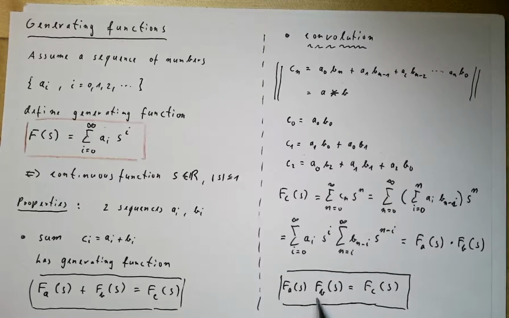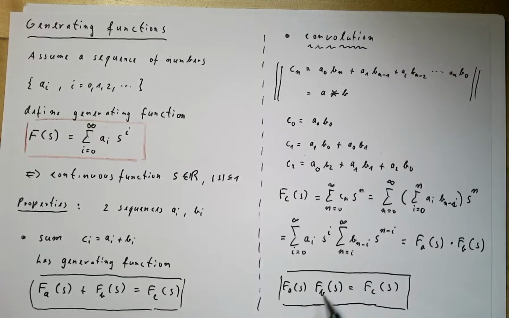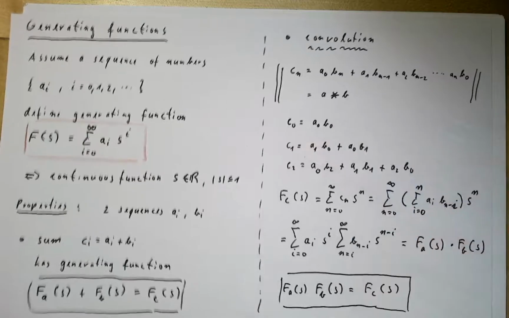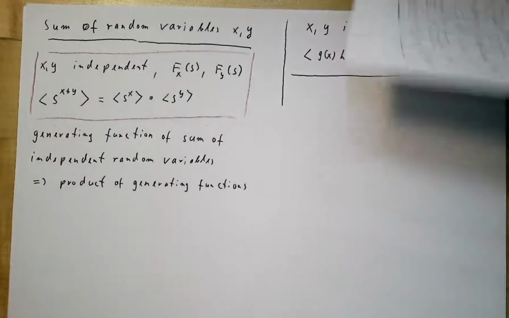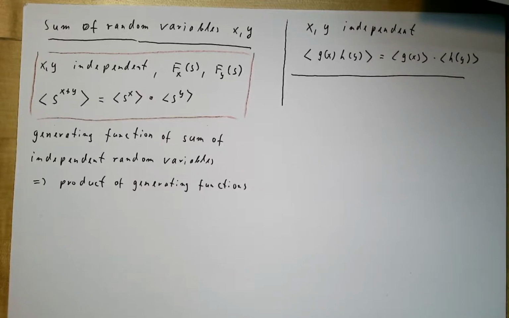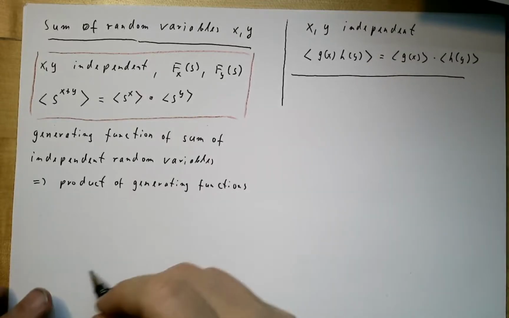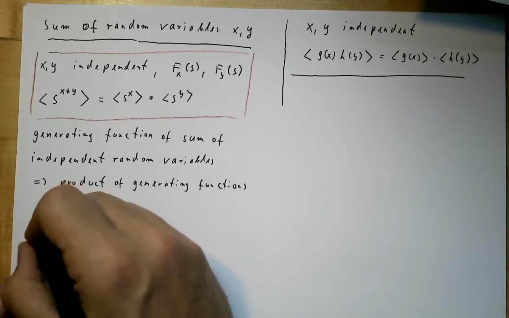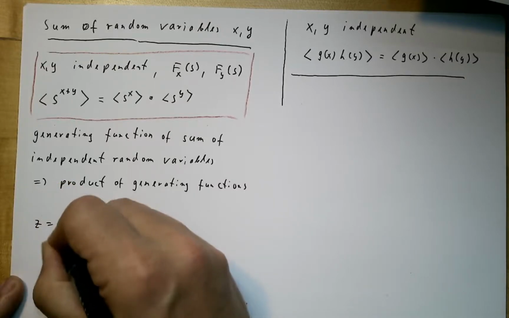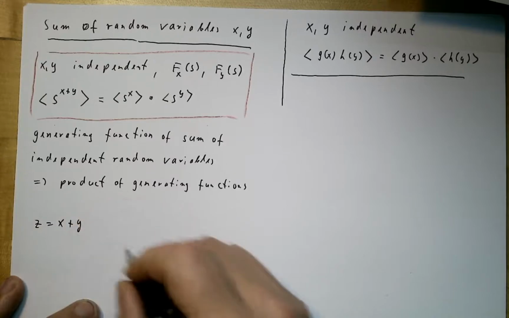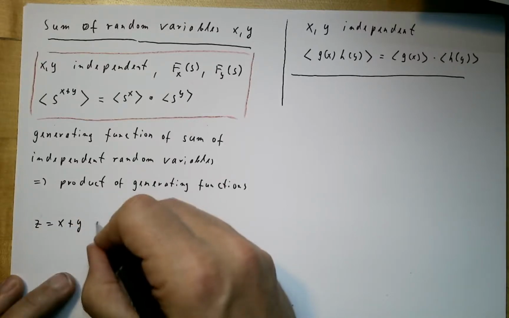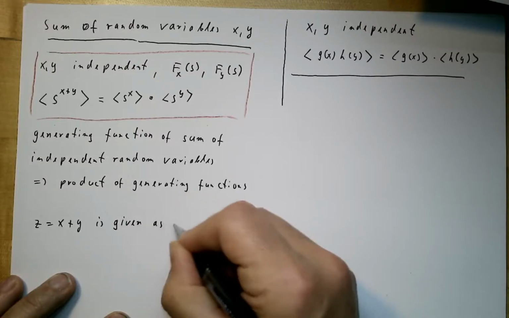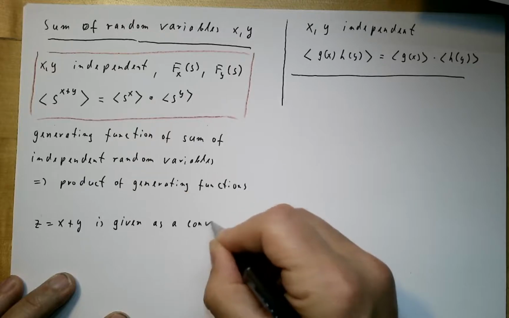This means that the values in the distribution, the probabilities, must be a convolution. So we get a kind of lemma: the new variable Z, which is equal to X plus Y, is given as a convolution.